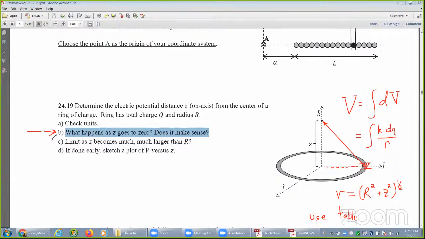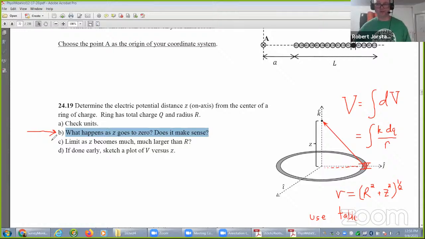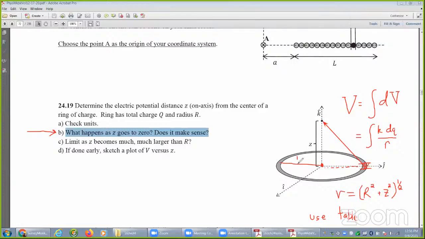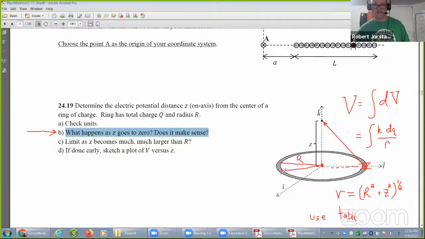No, it doesn't. In fact, how far are you from total charge Q? If you're sitting right here at the center, what's the distance to this little bit of charge? Capital R. How about to the next little bit of charge right next to it? Same. How about to every single piece of charge? It's all distance R, right?